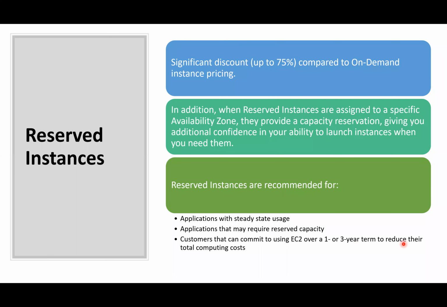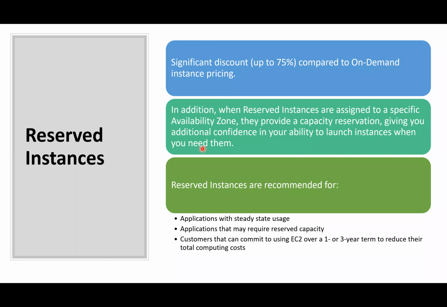So reserved instances are nothing but reserving when you know this is the compute power I'm going to need consistently. Customers know, hey, I'm going to need that EC2 instance running, let's say, 9 a.m. to 5 p.m., 7 days a week, or I need it to run for 1 month, or 1 year, or 3 years.